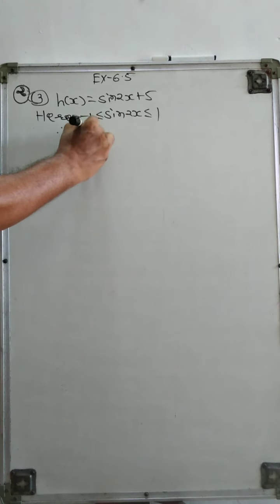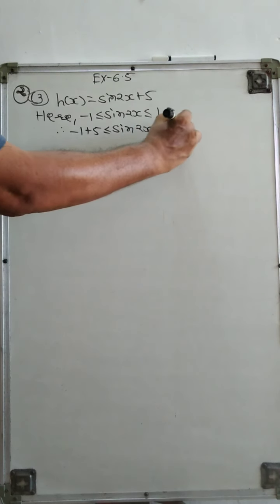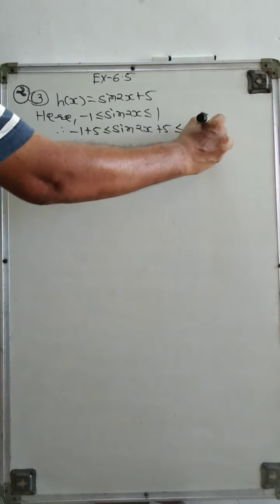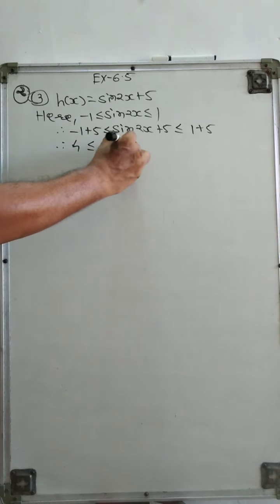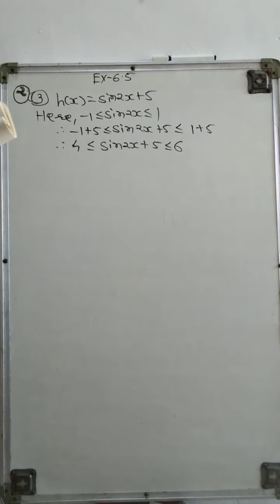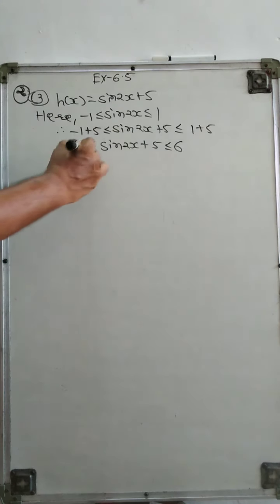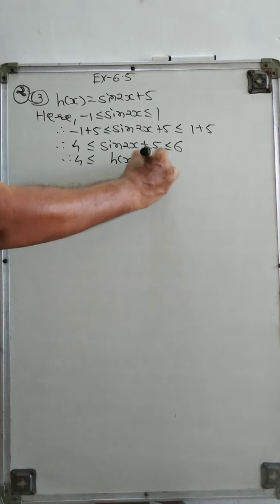Therefore, minus 1 plus 5 is less than or equal to sin 2x plus 5, which is less than or equal to 1 plus 5, meaning 4 is less than or equal to sin 2x plus 5, which is less than or equal to 6. It means sin 2x plus 5, that is h(x), is less than or equal to 6.